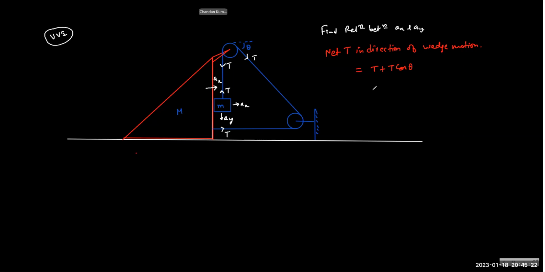Now if this is done, then you can write T(1 + cos theta) into AX, because that's supporting.